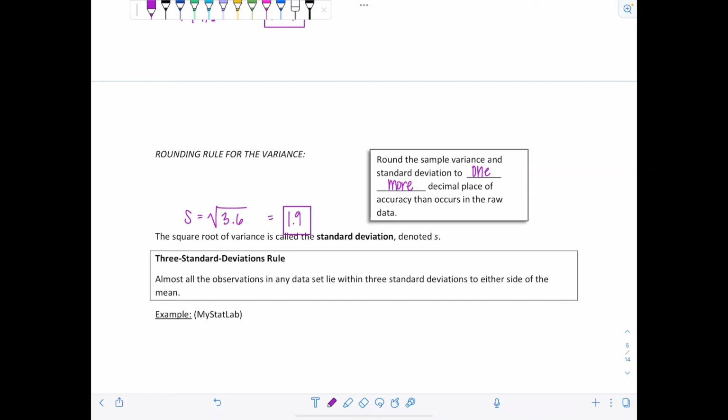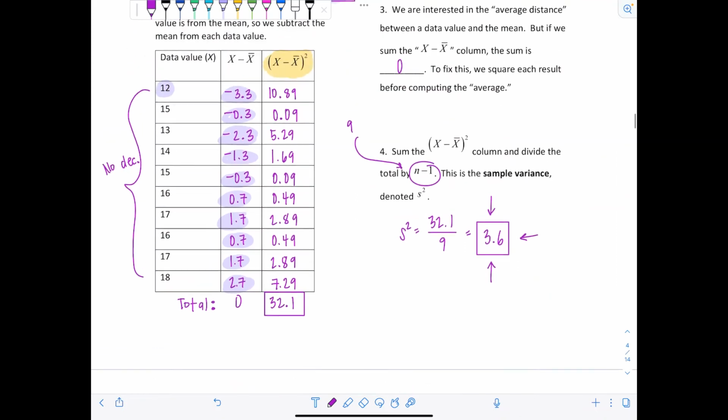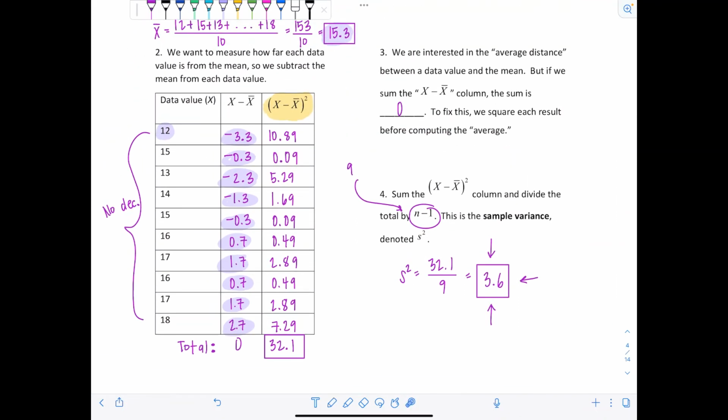That's my standard deviation. And that basically tells you, on average, how spread out or how far your data values are from the mean. The reason we take the square root here to get the standard deviation is essentially to undo the fact that we squared all of those differences before we added them together.